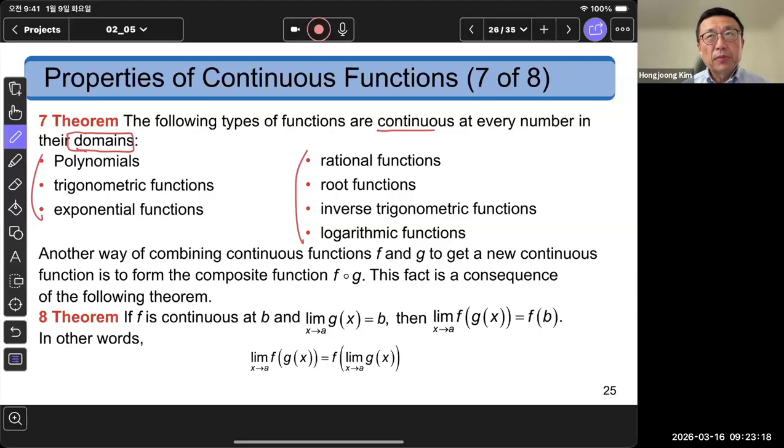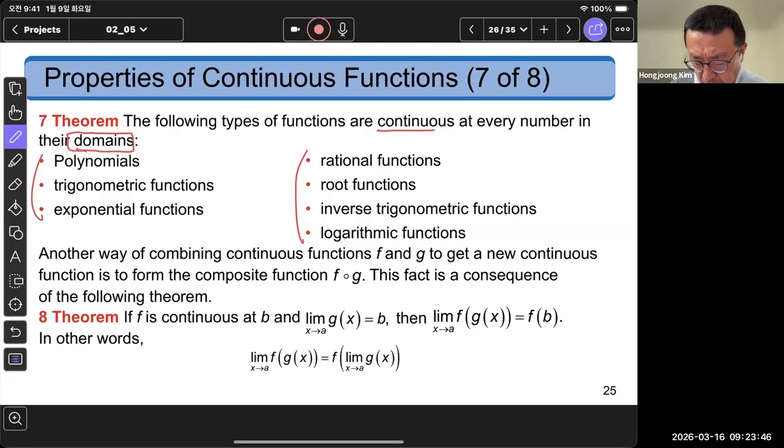If I consider those functions in theorem 7 at every point in their domains, then these functions will be continuous. That's what people usually say. But as I said, if you consider every real number, then we have a different situation.